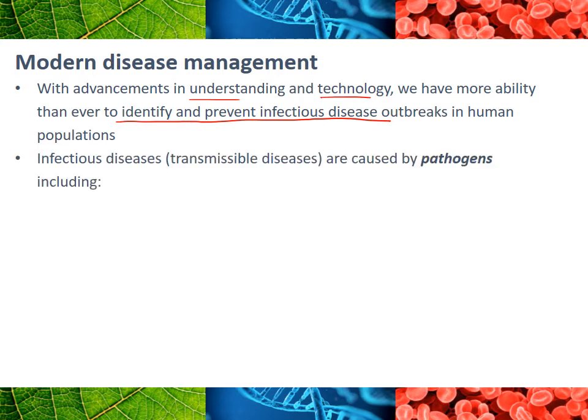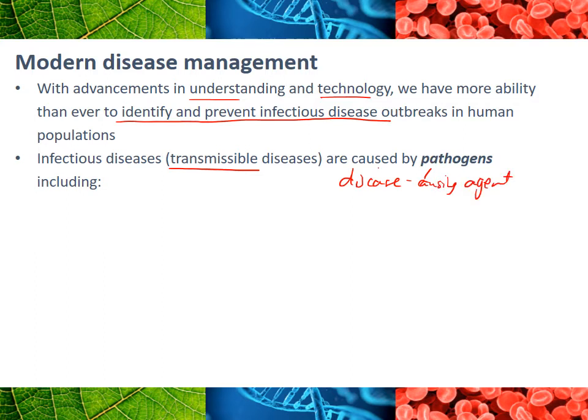A little bit of this will be revision at the start here, but it's worth recapping now. So we're looking here at infectious diseases or transmissible diseases, so diseases that can be spread and passed on, that are caused by pathogens. So remember, a pathogen is a disease causing agent.